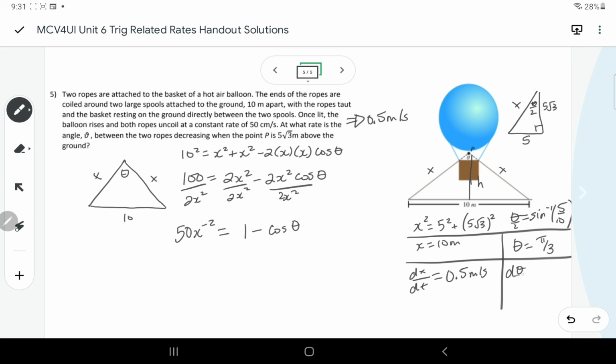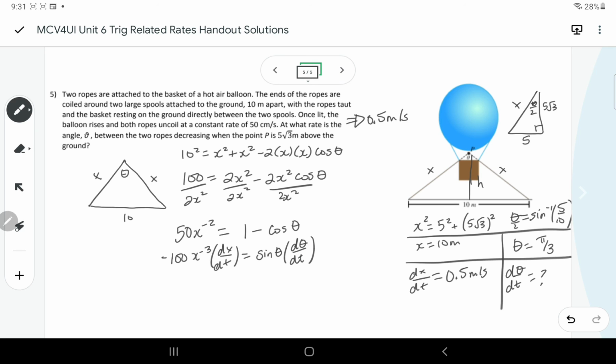And d theta dt, that's what we're looking for. So here I'm going to take the derivative of both sides. So here I've got negative 100x to the negative 3 times dx dt equals, the 1 will be gone. Derivative of cos is negative sine, but it's actually negative already, so I'll just put sine theta d theta dt.